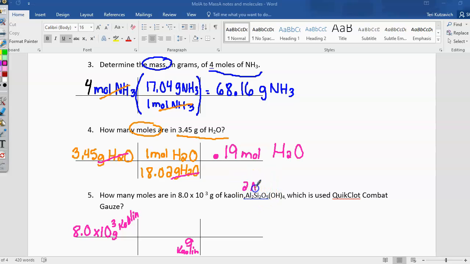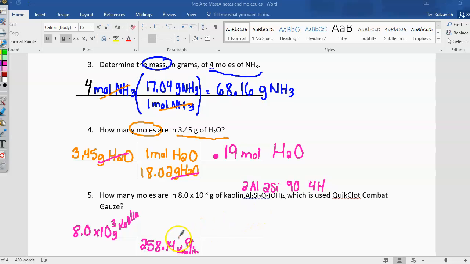So you have 2Al, you have 2Si, you have 9 oxygen, and you have 4 hydrogen. So 2Al, 2Si, 9 oxygen, and 4 hydrogen. This 4 goes to both the O and the H.